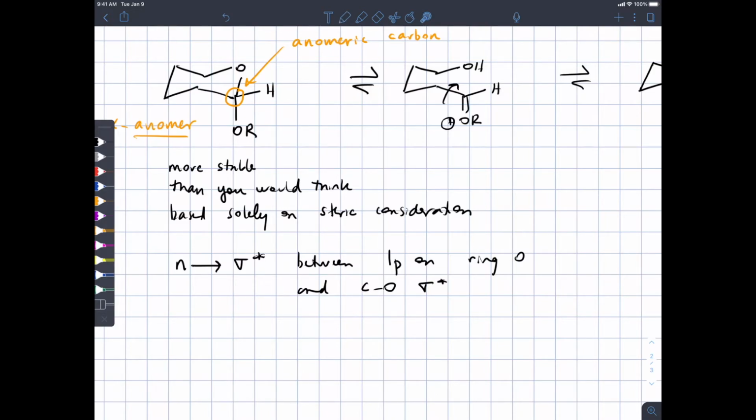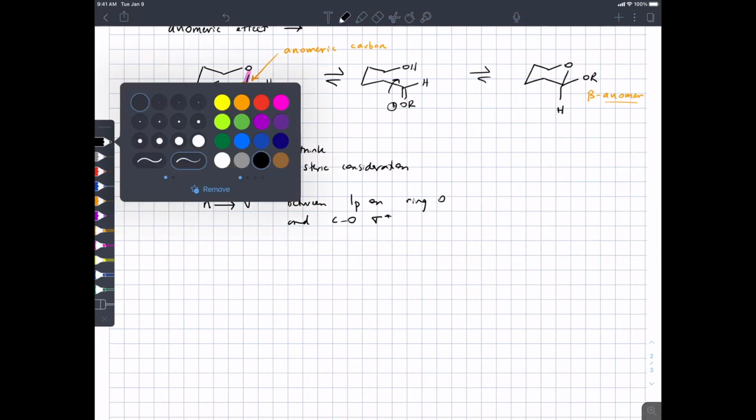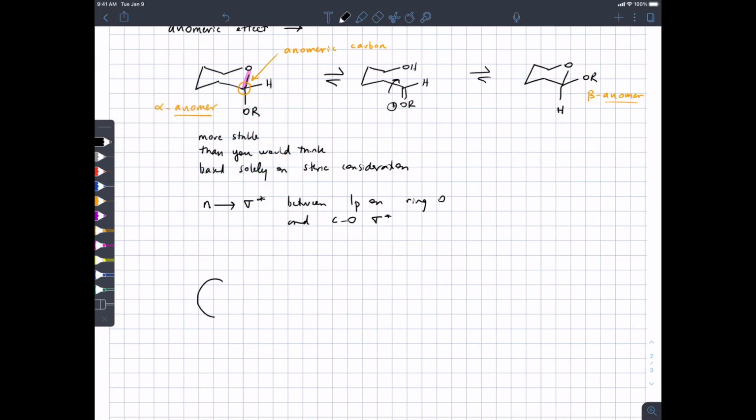Let's just look down the bond between the oxygen in the back and the carbon in the front. We'll draw a Newman projection. You can't see that oxygen in the back. Here's the OR group that's down in the front. Here's the hydrogen, and here's the ring. And then in the back, you have an oxygen. Here's the ring. And then you have two different lone pairs.